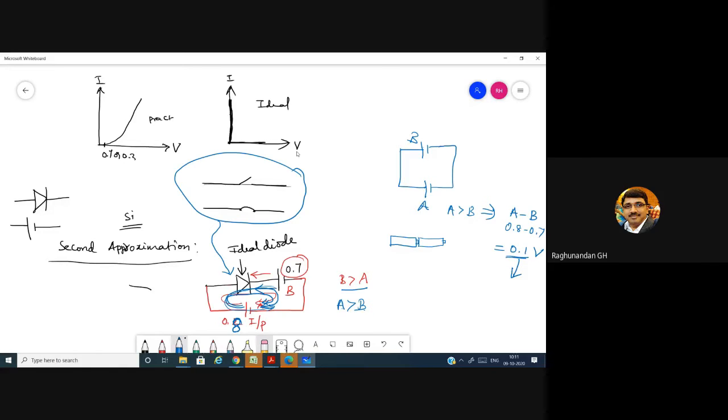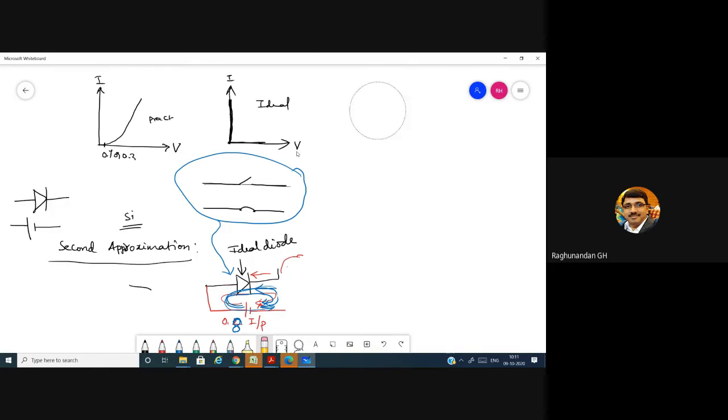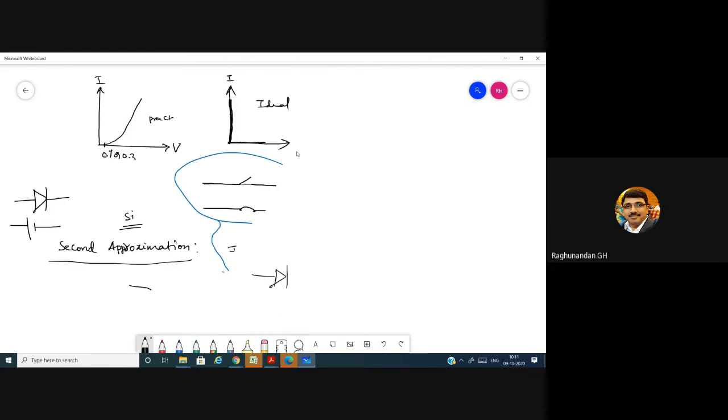Okay. So considering all this, now finally they told the second approximation is a diode followed by a battery. Okay, let us call this point A, this is point B. And what type of diode have we assumed?